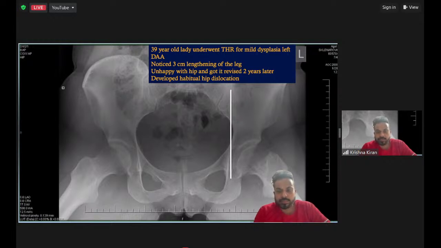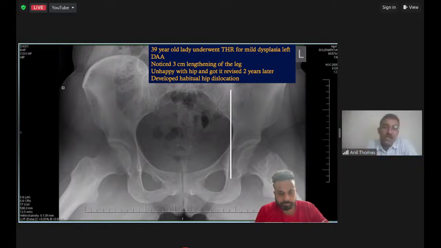She got a hip replacement done for this problem. Somebody did a direct anterior approach hip, and post-surgery there was a 3 centimeter lengthening of the leg, and the leg was entirely abducted. She was unhappy with the hip, got it revised 2 years later, and developed habitual hip dislocation.